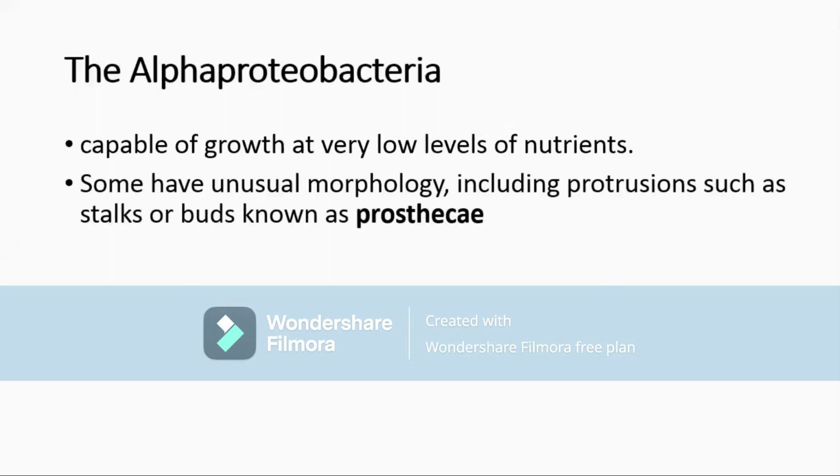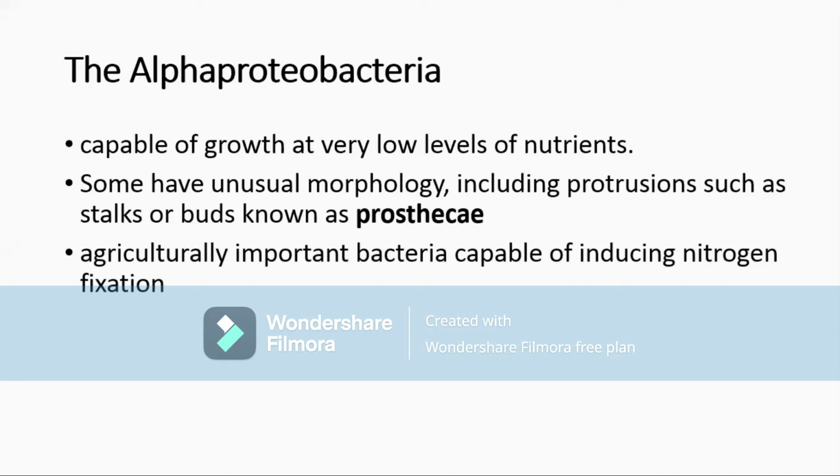Another unique property is that they have some protrusions, meaning they are not that symmetrical, they do not have smooth surfaces. Rather, there are some protrusions like buds on the surfaces, and at times there are some stalks which are known as prostheca. I'll show it in the picture in the next slide.